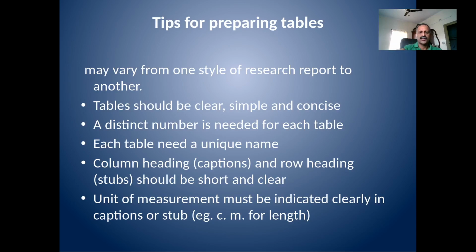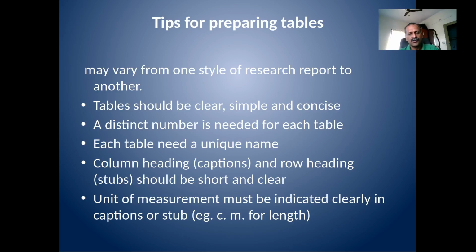If you read the name of the table, you should understand what variables are being considered or described in the table, or what statistical method. For example, you can write the name like the mean and standard deviation of age of subjects.